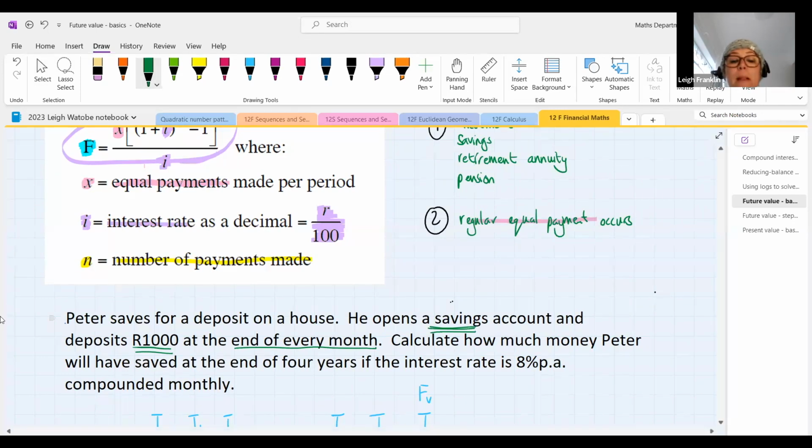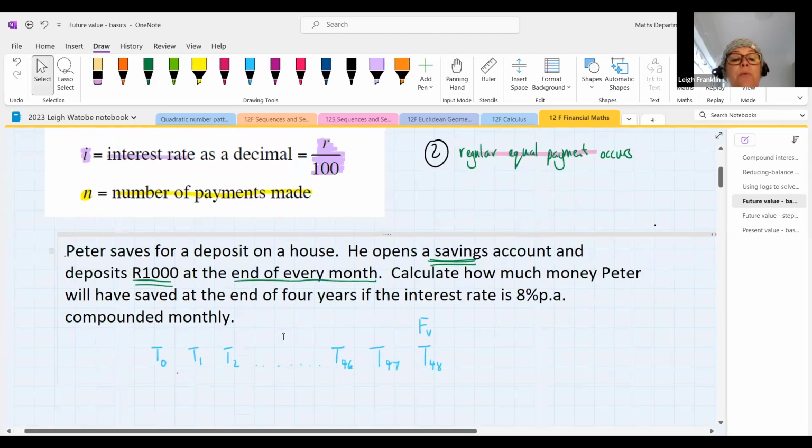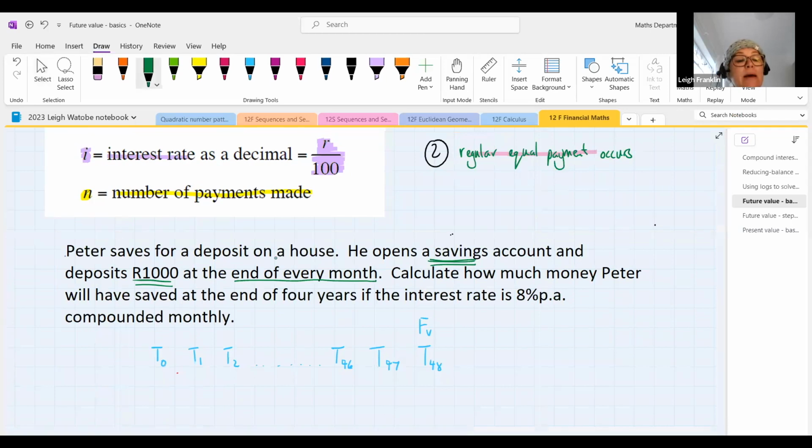So, sorry, I beg your pardon. 1,000 Rand is going to be deposited at the end of every month. So here at T0, this is when he opens the account. At the end of every single month, so in the first month, he's going to deposit 1,000 Rand, and so on, 1,000 Rand at the end of every single month.